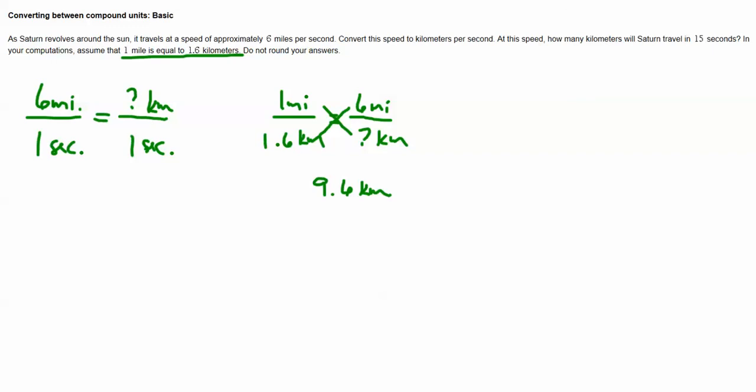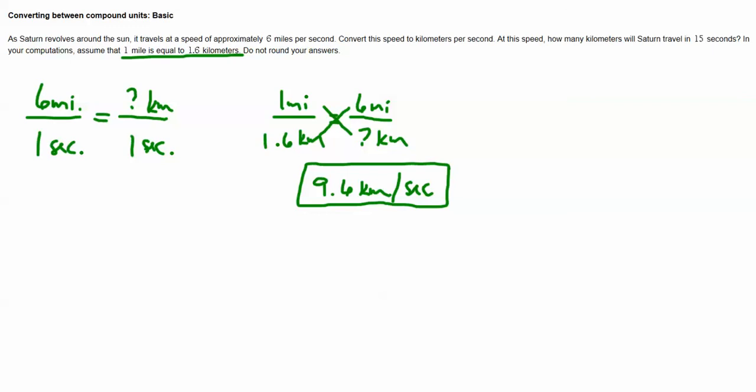So our first question says we have to convert our speed into kilometers per second. So this is our answer to our original problem. There is 9.6 kilometers per second. That's your speed.